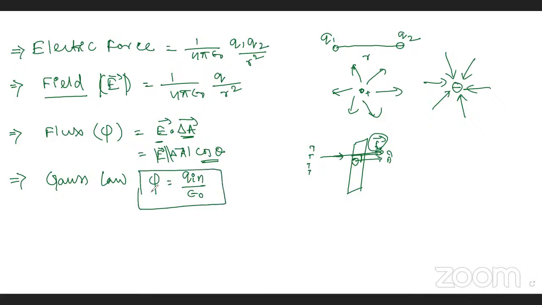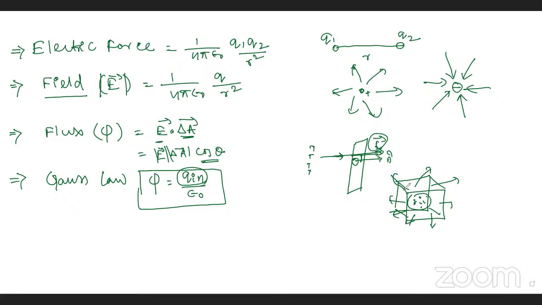We get the definition of flux as Q inside or Q enclosed, the charge inside, divided by epsilon naught. Suppose this is a box, and inside this box some charges are there. You will add all the charges inside the box, that will be Q inside, divided by epsilon naught, and you will get the flux linked with the whole box.